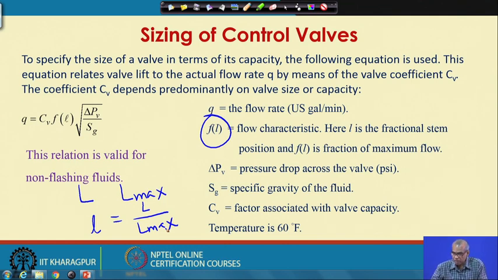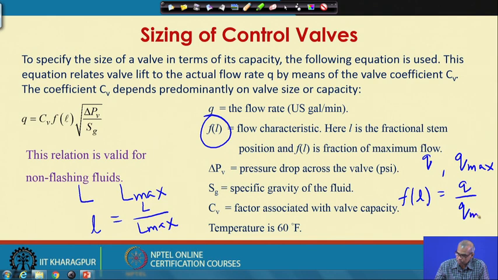Similarly, FL is the fraction of maximum flow. If Q is flow in gallons per minute and Q max is the maximum flow in the same unit, US gallons per minute, F of l will be Q by Q max. Delta PV represents pressure drop across the valve in PSI. Sg is the specific gravity of the fluid and Cv is a factor associated with valve coefficient.